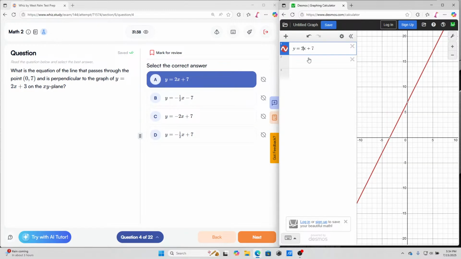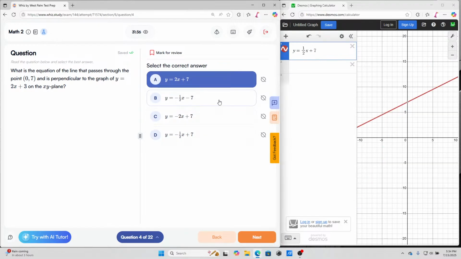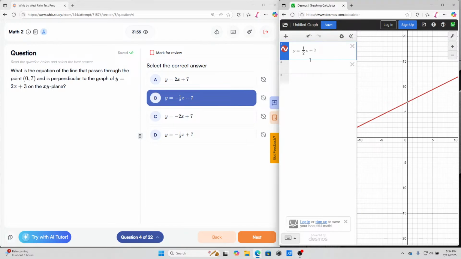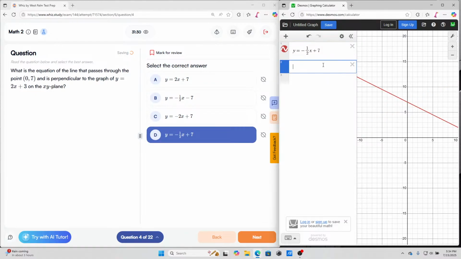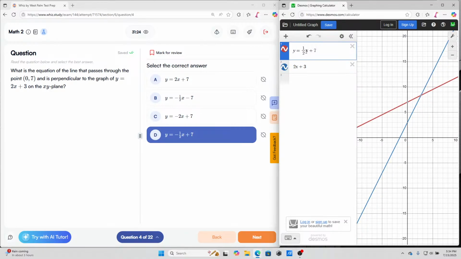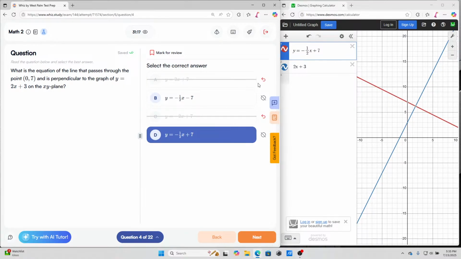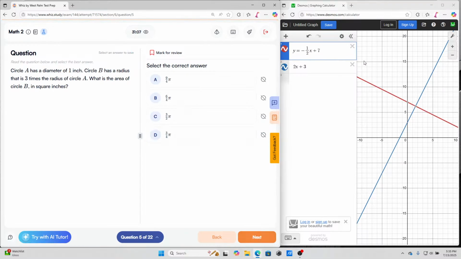Oh, perpendicular, so it has to be 1/2. Wait. Yeah. Okay. If I do -7, yeah, there we go. So plus. It has to be plus.